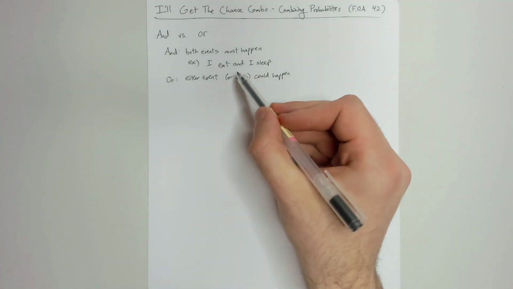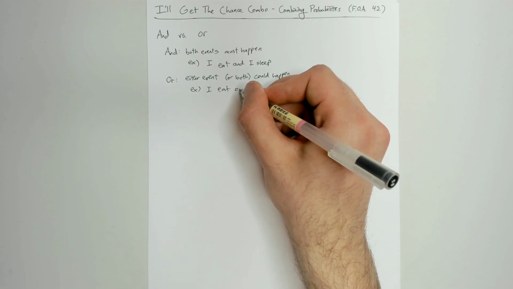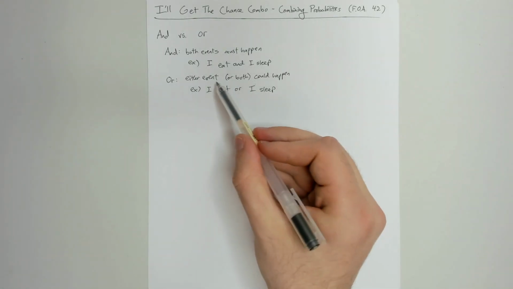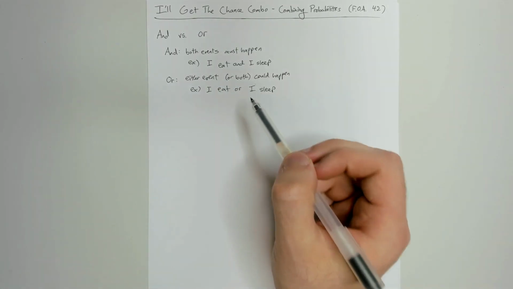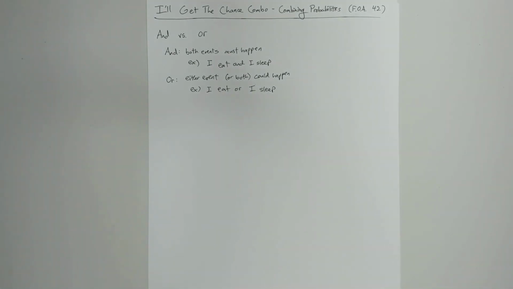An exclusive or doesn't include the or both. But usually in math, when we're just talking about a regular or, it means either or both could happen. So if I eat or I sleep, that could mean I can eat and not sleep, or I can sleep but not eat, or I can do both eating and sleeping. The only thing I can't do is not eat and not sleep, because none of these conditions would be satisfied. So that's what we mean by an and an or within mathematics.